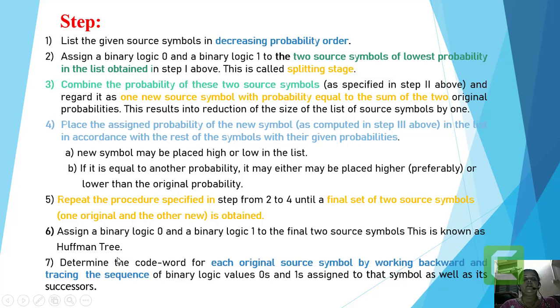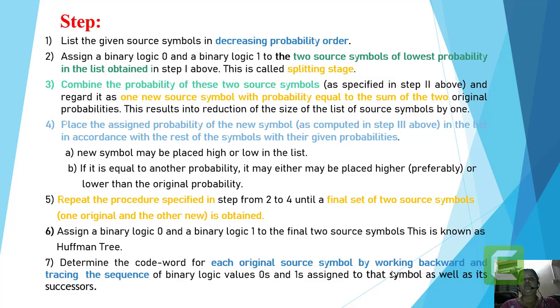And finally, we have to determine the code word for each original source symbol by working backward and tracing the sequence of binary values of zeros and ones assigned to that symbol and its successors.